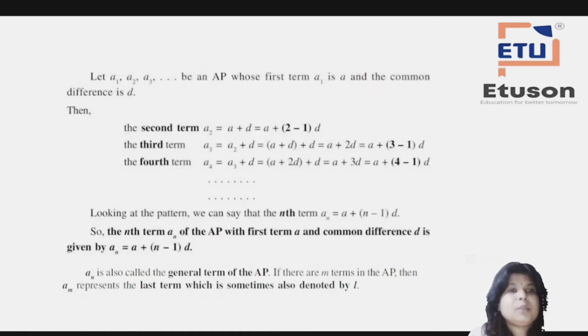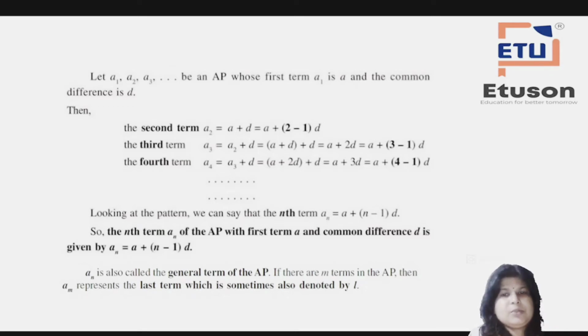Correct? Now you see. Let a1, a2, a3 be an AP whose first term a1 is a and the common difference is d. Then the second term a2 is equal to a plus d, which is nothing but a plus 2 minus 1, where 2 stands for the second term, into common difference. The third term a3 is equal to a2 plus d, that is a plus d plus d.